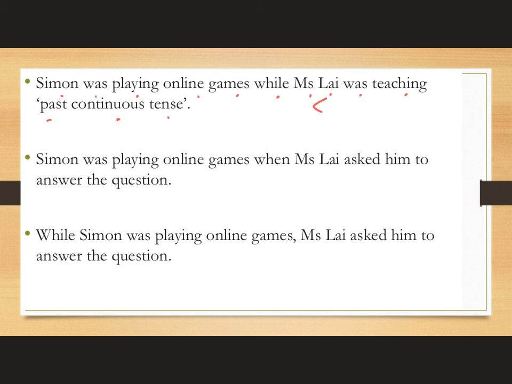In this case, playing online games and teaching past continuous tense, these two actions were going on at the same time. So for both of them, we use past continuous tense. And we usually use while to link the two clauses.